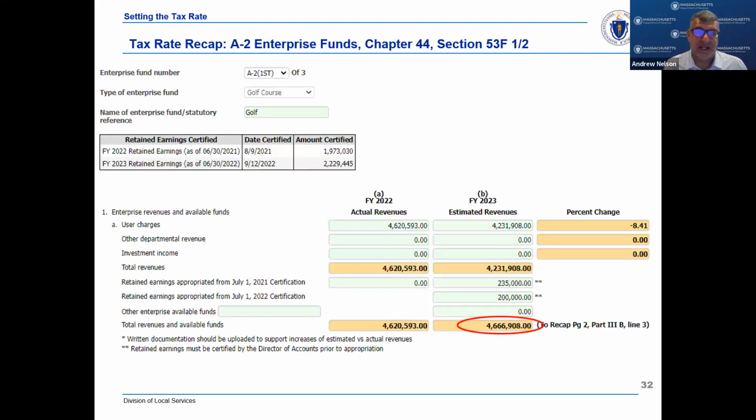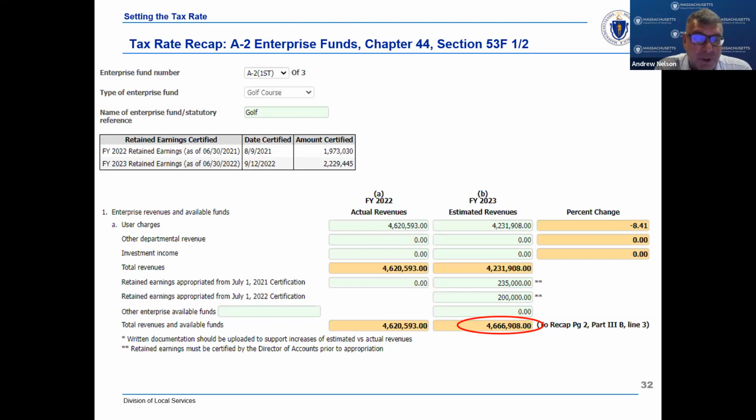This is another enterprise fund. This one is not a rate-based enterprise fund. This is a golf course. So you're going to have greens fees, cart rental, and, I'm not a golfer, whatever other revenues you have from a golf course. But you'll see that they have less revenue estimated than they had in actuals, which again makes us happy in the sense that we're not worried that you are likely to be set up for any sort of deficit.